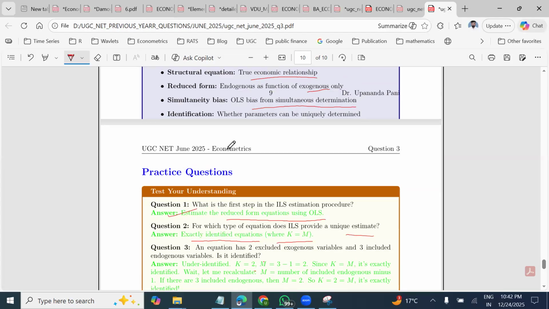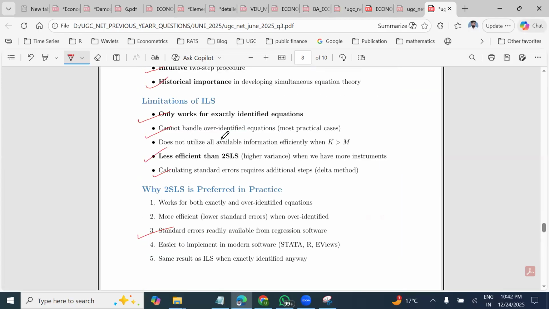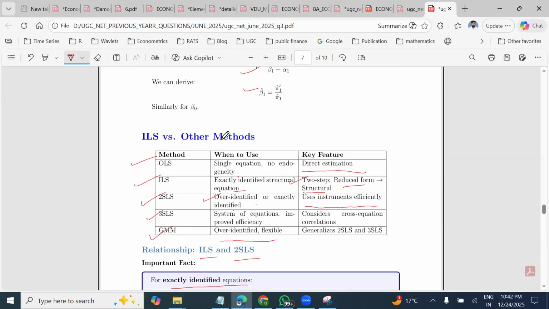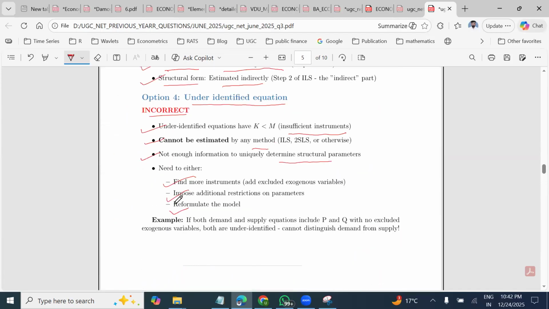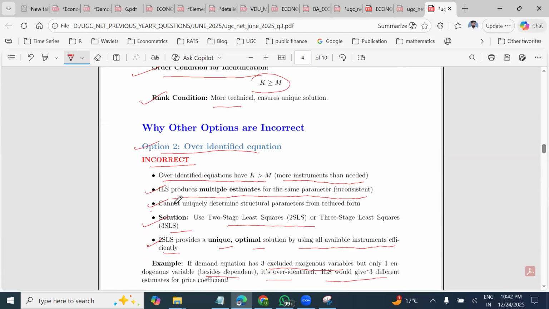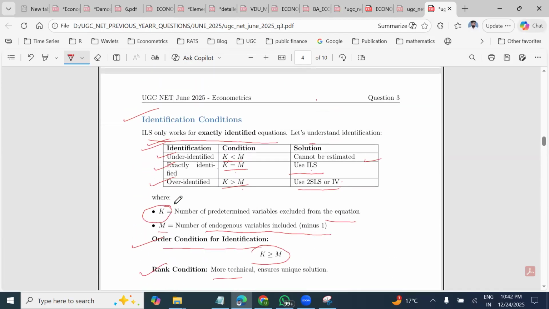Now this section is a little tricky. What you have to remember is at least where you will use ILS, where you will use 2SLS, where you will use 3SLS, and the identification conditions, because they will not give you equations.